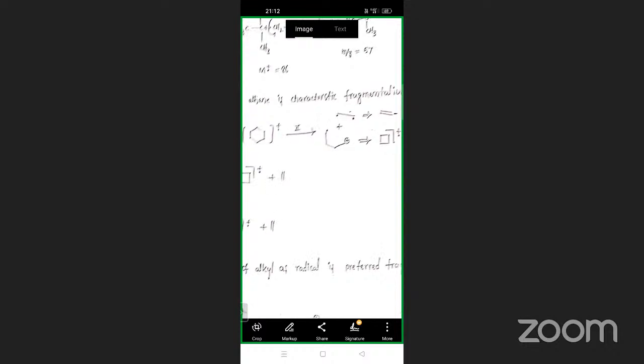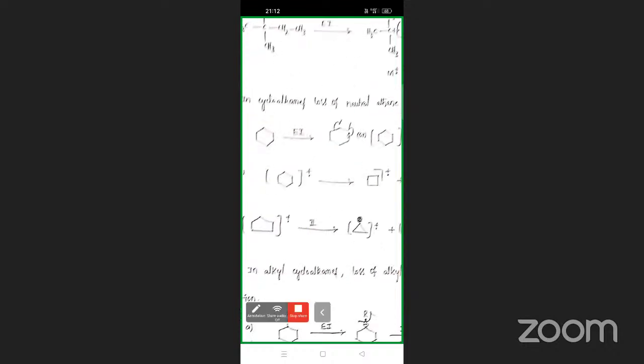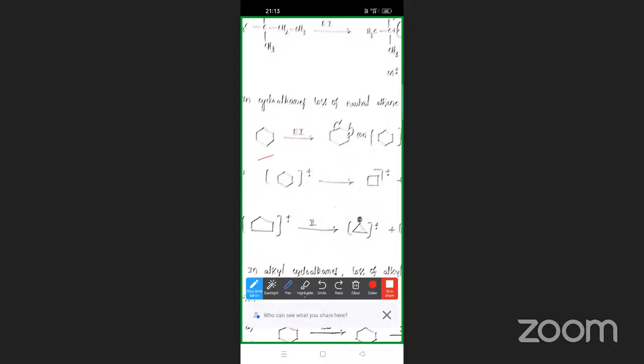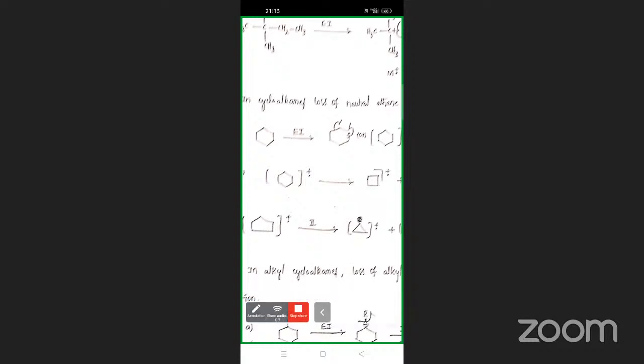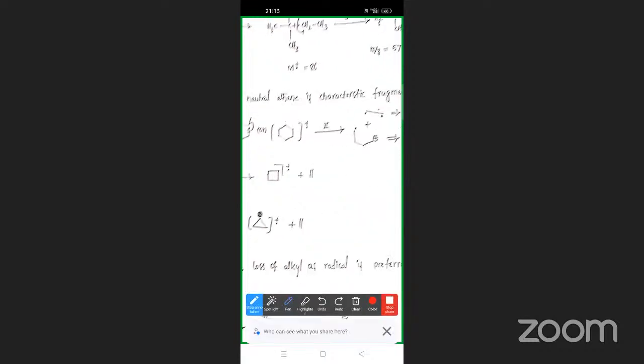Here you see this is cyclohexane. By removing one electron from any one bond, because it is symmetrical, you can remove the electron from any of the sigma bonds, because there is no pi bond or n bond here. Removal of an electron from the sigma bond takes place, and we get this molecular ion radical. Then we do the further fragmentation.